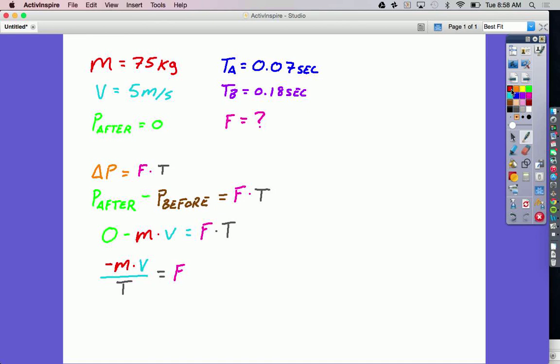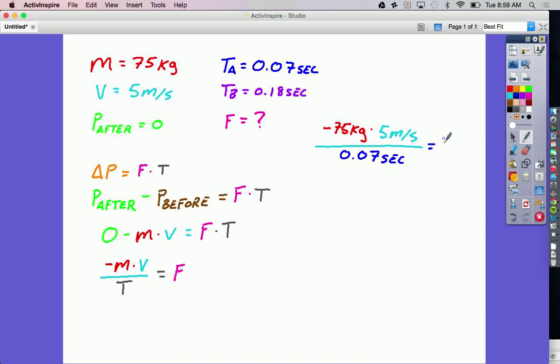So here's what we're going to get. First, I have to put my mass in, so we'll do material A first, just because it's alphabetical. So the mass is negative 75 kilograms. And the speed was given at 5 meters per second. And we're going to divide that by time A, which is 0.07 seconds.